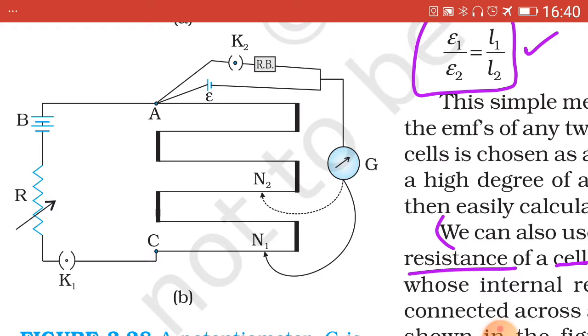The other connections remain the same, that is, the galvanometer is connected and again the null points are obtained at N1 and N2. Here the position of the galvanometer, N1 and N2 has been shown changed.